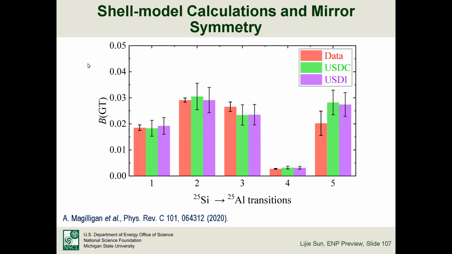We can see both USDC and USDI Hamiltonians reproduce the experimental data well. It should also be noted that the theoretical uncertainty here reflects the uncertainty associated with the quenching factor. The development of these 2 new USD Hamiltonians has been detailed in our collaborators' paper here. You may refer to that for more detail.